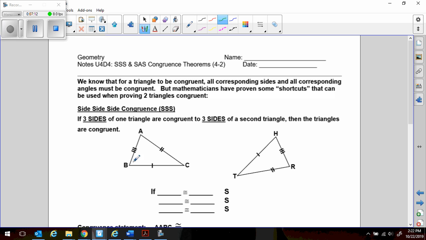So what this means is if they give you that BC is congruent to TH, that's a side, and they give you that AC is congruent to TR, because those have 2 dashes. 2 dashes are equal to 2 dashes. And they give you that BA is congruent to HR.